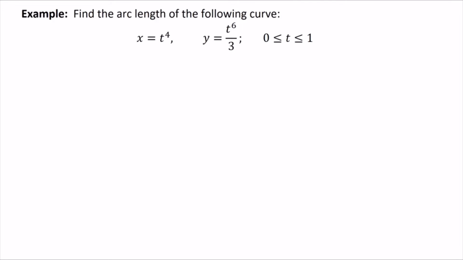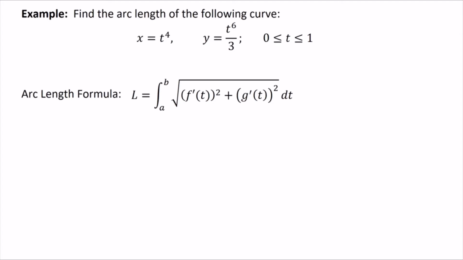In this example, we're asked to find the arc length of the following curve: x equals t to the fourth, y equals t to the sixth all over 3, where 0 is less than or equal to t is less than or equal to 1.